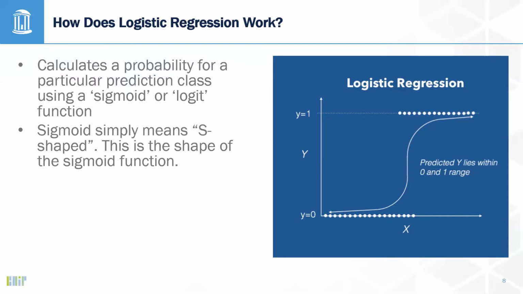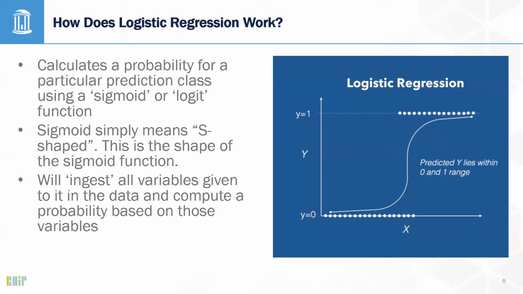An example of one is shown in the image. Sigmoid simply means S-shaped. This refers to the shape of the function shown in the image. What is happening is that a logistic regression model is ingesting, or taking in, all observations and variables presented to it in the data, and then computing a prediction probability using that data. This prediction is made using a sigmoid or logit function.